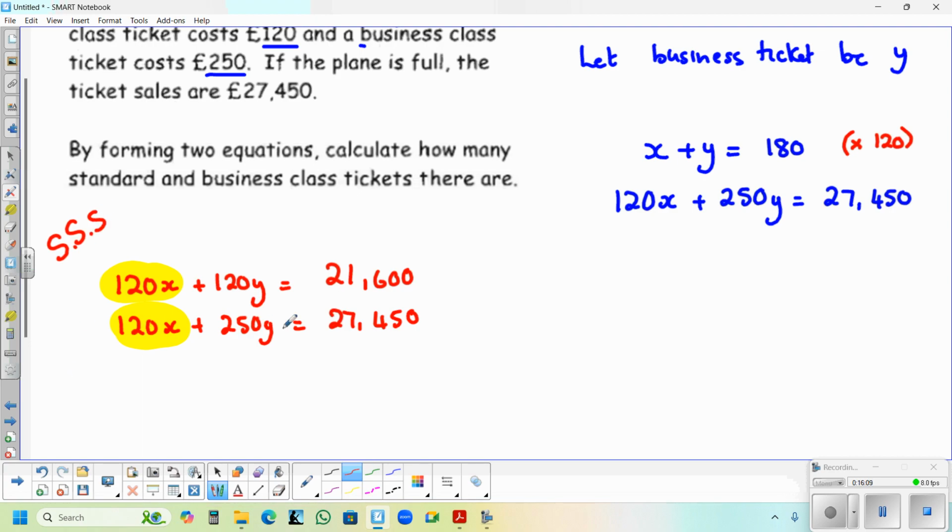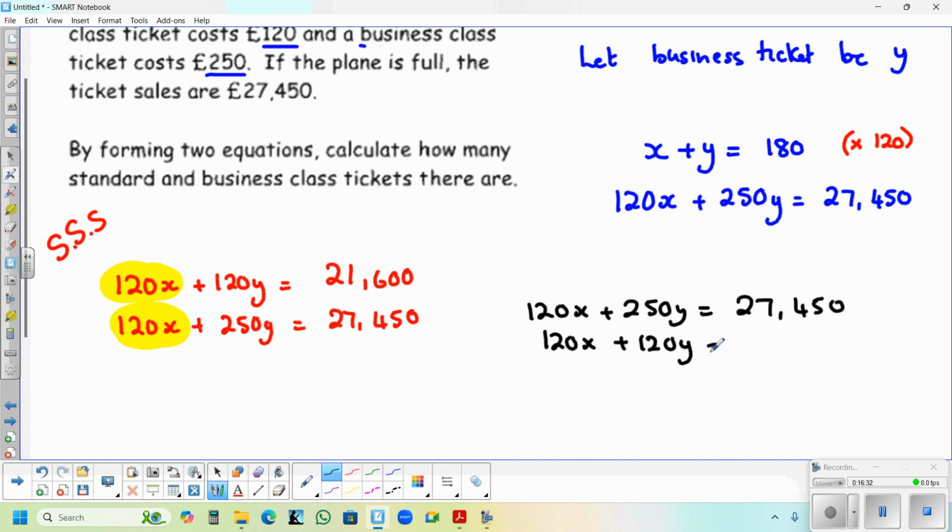Now I'm looking here, the bigger numbers are on the bottom one, so I'm going to do what I did before. I'm just going to flip them round. So 120x plus 250y is equal to 27,450. And then I'll write that one down underneath it, 120x plus 120y is equal to 21,600.